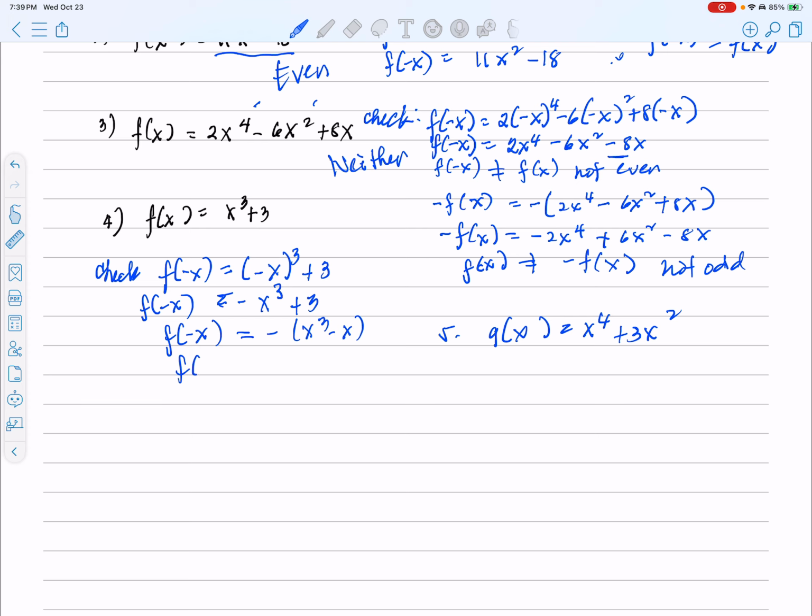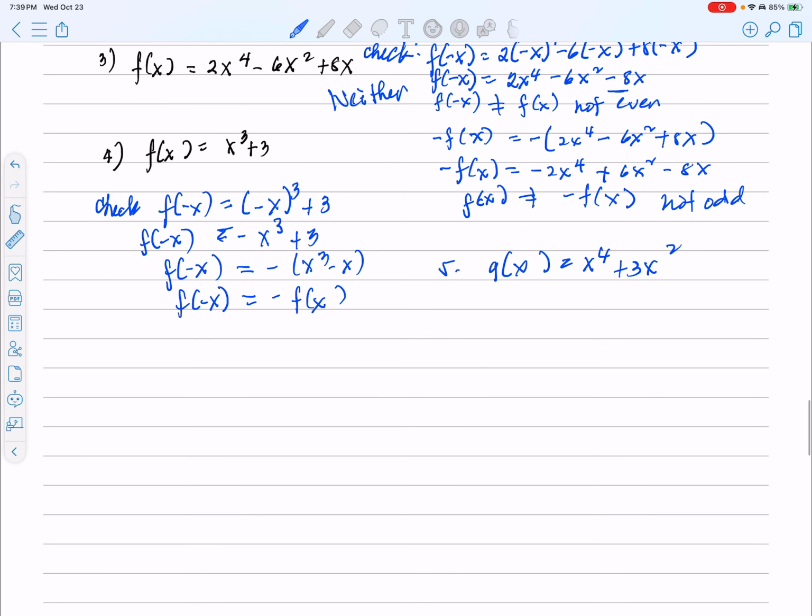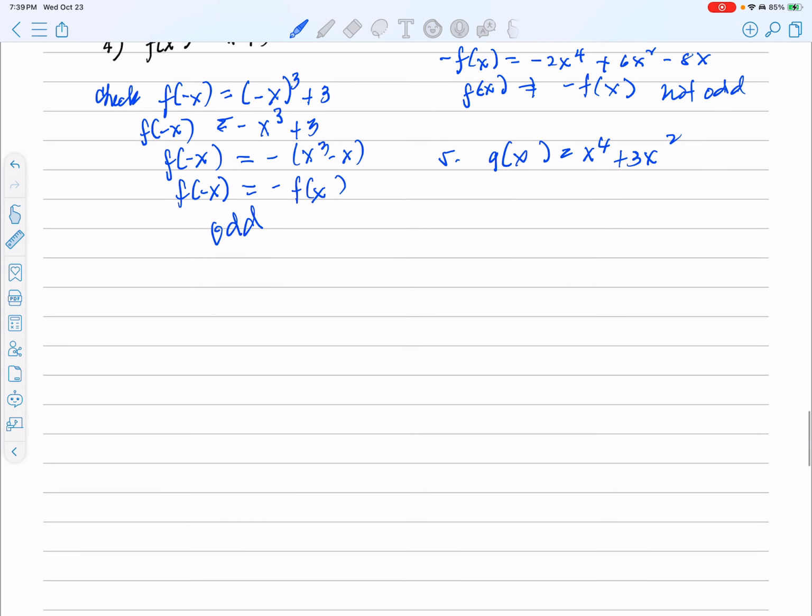So f of negative x is equal to a negative of the function of x. Now the last one, g of x equals x to the fourth plus 3x squared.